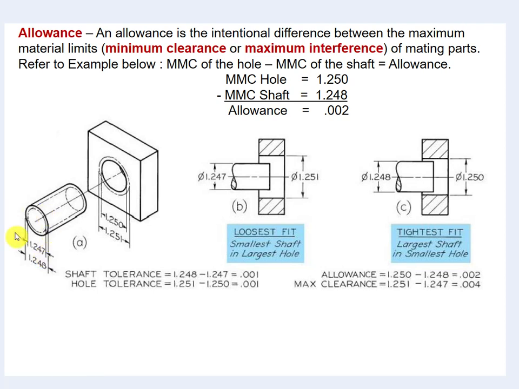Is the largest shaft heavier than the smallest shaft, or the opposite? No, wait. I'm talking about the shaft, not the hole. Regarding the shaft, the largest shaft is the heaviest. That's right?